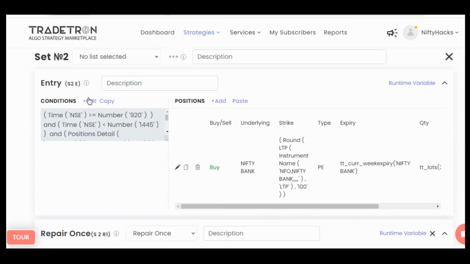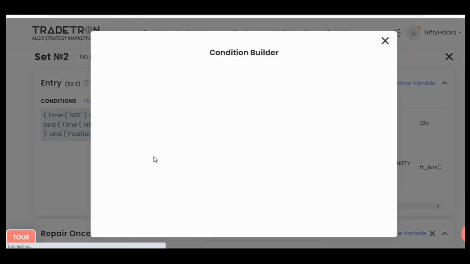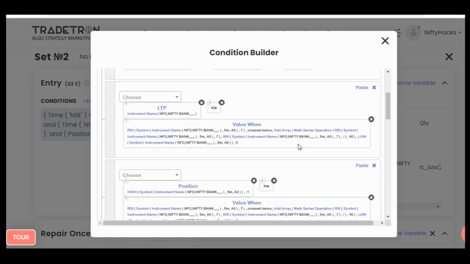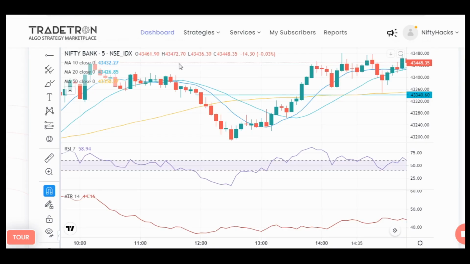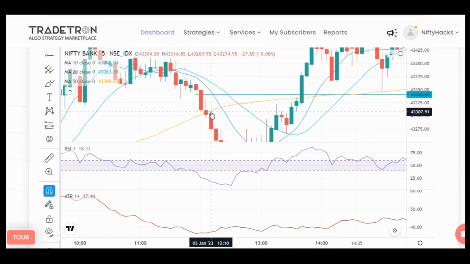So for put side entries, I am talking about this condition that previous candle high should be greater than the low of whichever candle crossed below RSI 40. As you can see, this candle has crossed below all the three moving averages.